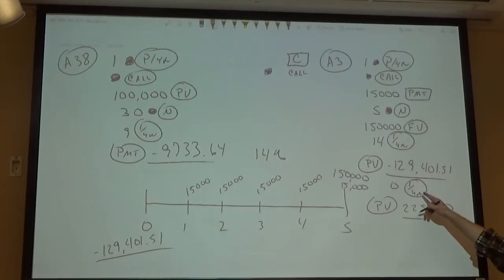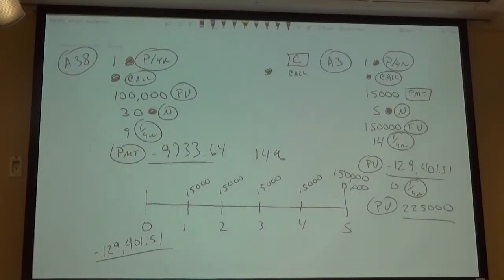But now if we want to change that to some predetermined rate of return, for example, as an investor I have a set required rate of return, or hurdle rate, of let's say 10%, then I could simply put in 10% as the interest rate, resolve for present value, and I get like 150,000. Okay, make sense?